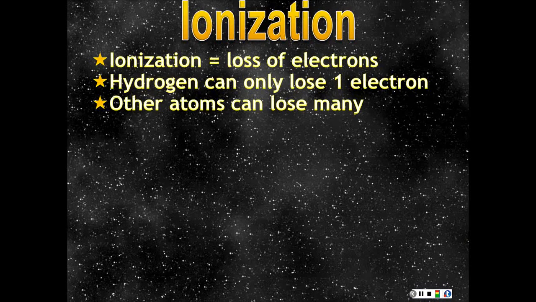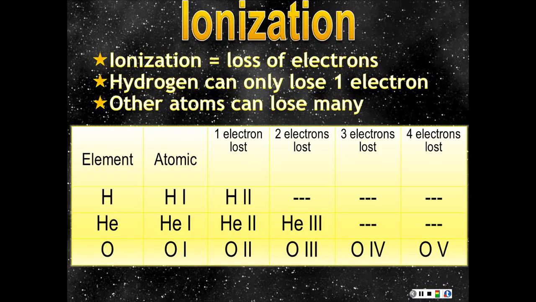Now, I just want to mention this. Hydrogen can only lose 1. We already talked about that, but we have this notation, which is basically, if it is a Roman numeral 1, it is atomic. If it loses 1 electron, it has a 2. If it loses 2 electrons, it has a 3, and so on. So, helium-2 has lost 1 electron. Helium-3 is ionized completely. Oxygen can go all the way up to 7, and so on.